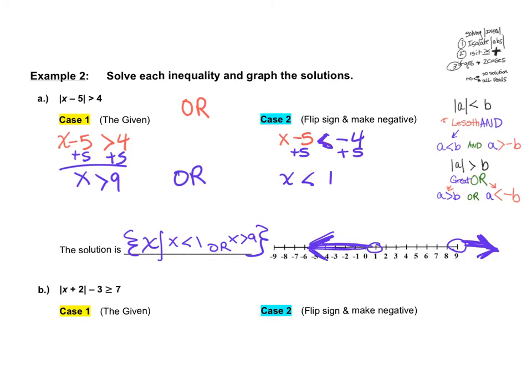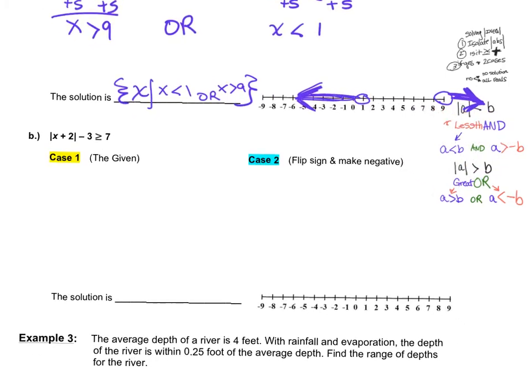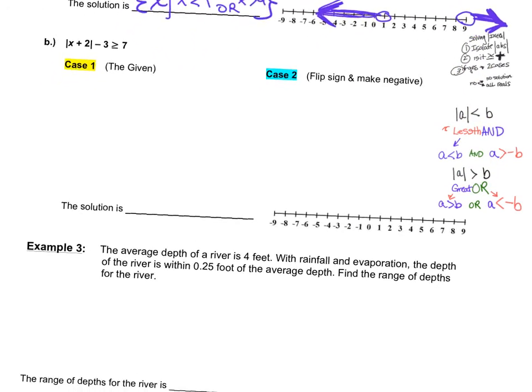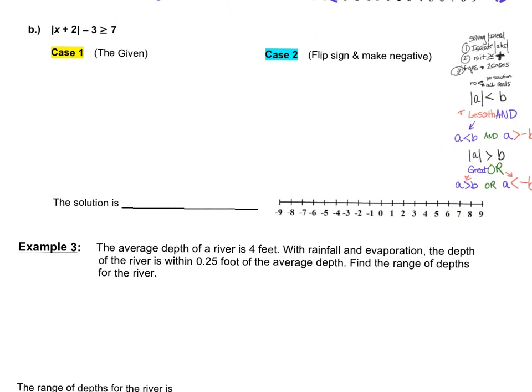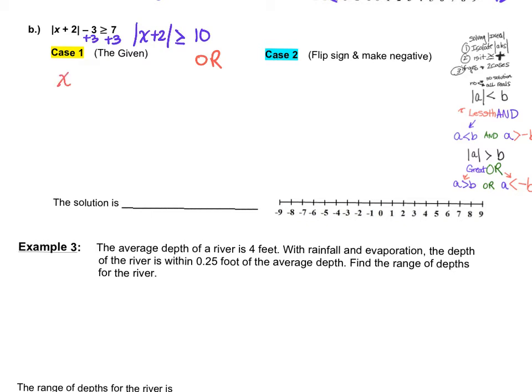Okay? Next one. Okay, this is a little bit more complex, which is good. Step 1, isolate the absolute value. Add 3. Now you get the absolute value of x plus 2 is isolated, is greater than or equal to 10. Greater, we know it's an or inequality. So you're going to set up the given. X plus 2 is greater than or equal to 10.